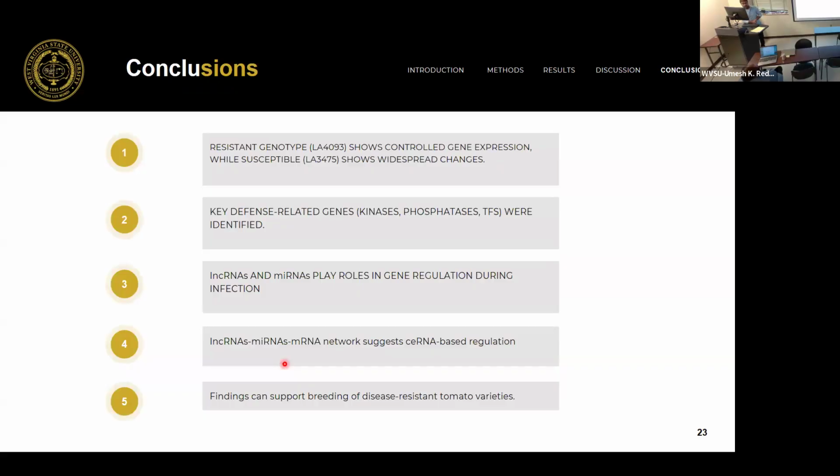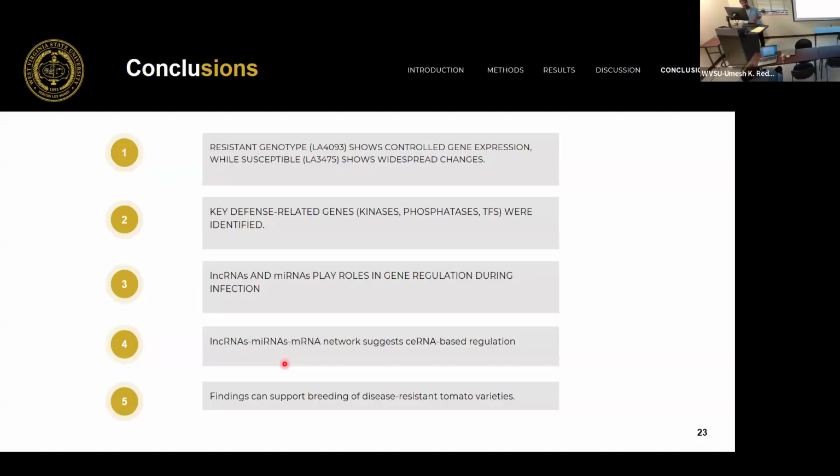To conclude this study, the main points are that the resistant genotype, the LL4093 line, showed controlled gene expression. You can see from the DEGs that it has shown only a few DEGs compared to the susceptible one. The key defense-related genes such as kinases and phosphatases were identified and will go on to functional validation.